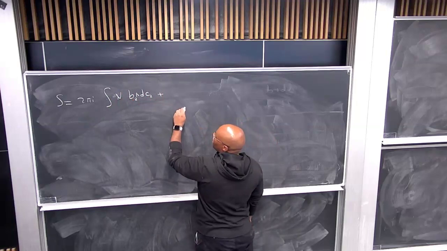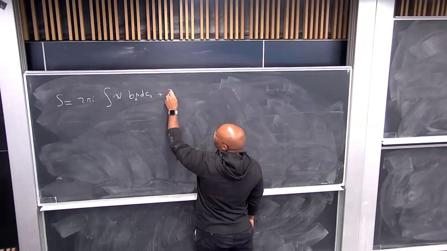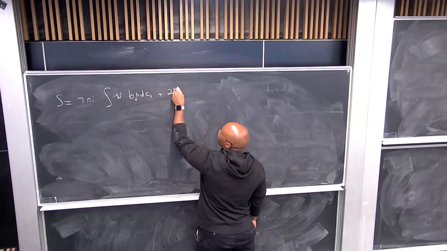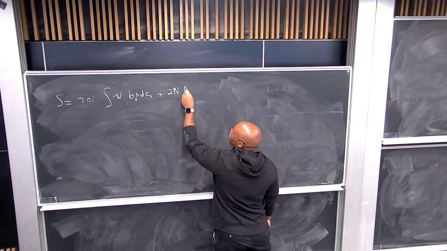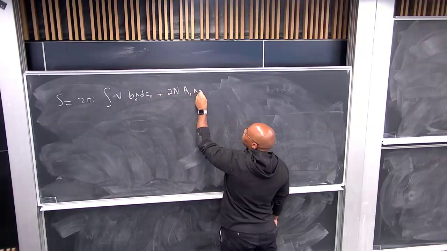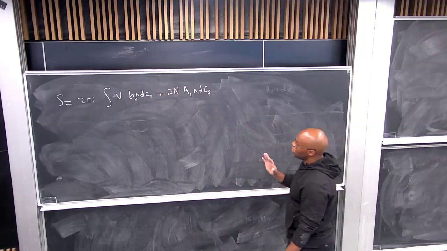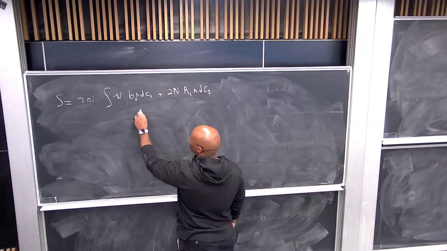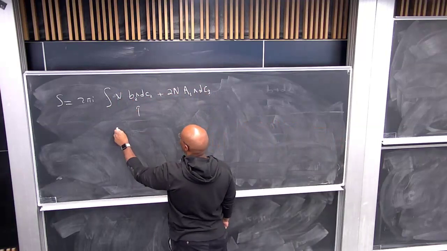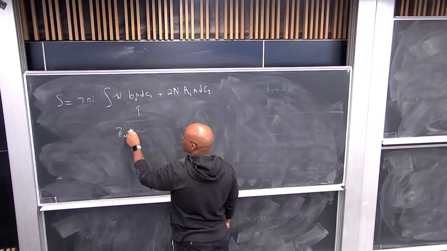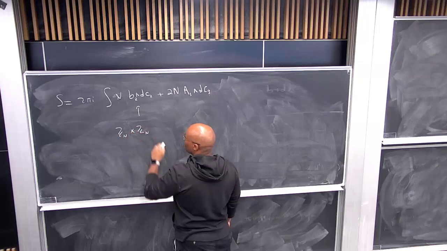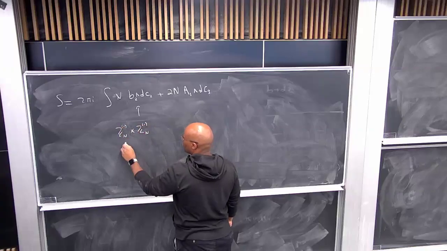And then I will add another term. Let's call it 2 times n times a 1-form, 3-form. Right. So just this theory by itself gives me a Zn times Zn 1-form gauge symmetry.